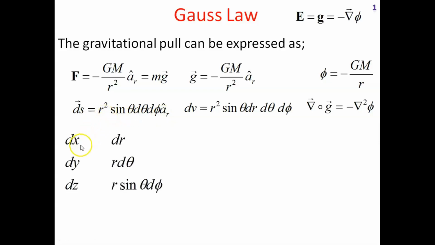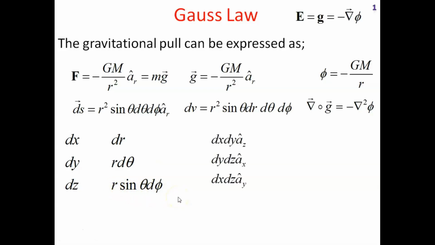In Cartesian coordinates we have displacement variables dx, dy, dz. In case of spherical coordinates it is dr, d theta, d phi, but d theta and d phi are angles. When they are multiplied by the appropriate radius vector, they deliver the curved track. So in the second case r d theta is the concerned arc, and in the third case r sin theta d phi is the concerned arc.